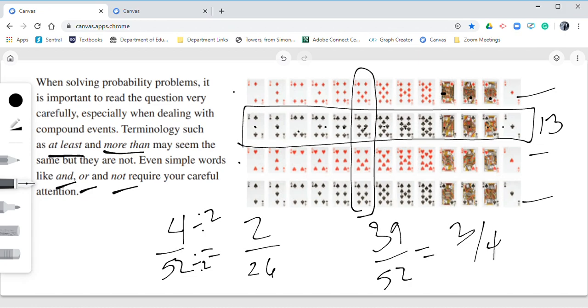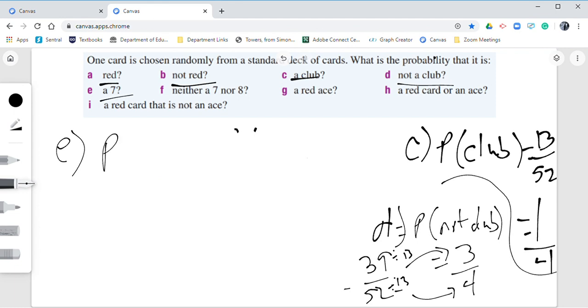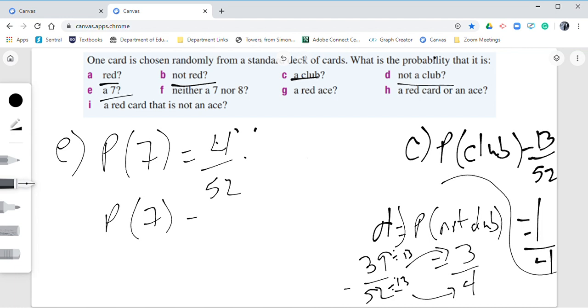Those are still both even numbers, so I can simplify it again, dividing by 2 again. I got 1 out of 13. So for this one, you could have said the probability of a 7 would be 4 out of 52, or you could have said the probability of a 7 is 1 out of 13.